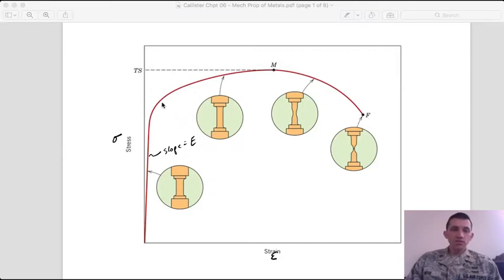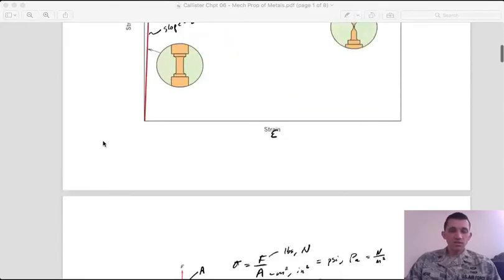So as you're stretching it, you're getting permanent deformation. At some point, a region of the sample will begin to become much thinner. We call this necking, and that continues until you get total failure and your sample breaks into 2 pieces.